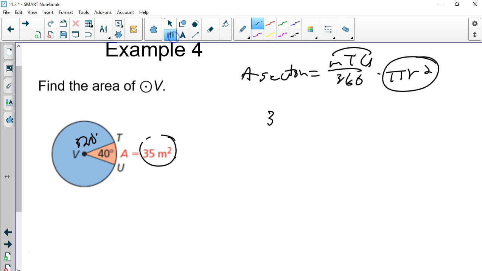is, right there, 35. We know the measure of the arc is 40 divided by 360 times, I was going to put a big A there for area. Okay? Well, 40 divided by 360, okay, you can just reduce that. Is 0.1 repeating.